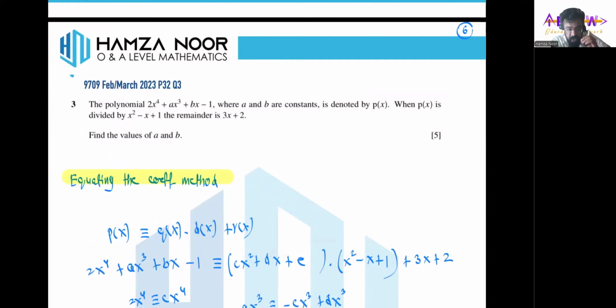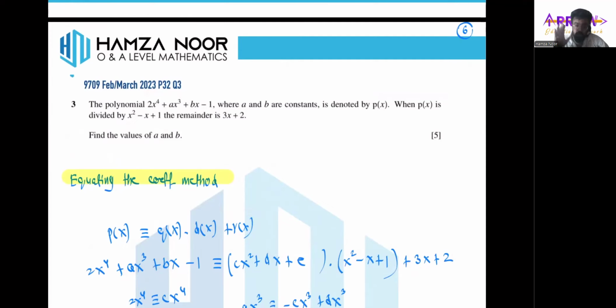Here I have intentionally used c, d, and e, some constants other than a and b, because a and b were already occupied in the question. And the remainder is 3x plus 2, so this remainder is added in the end.